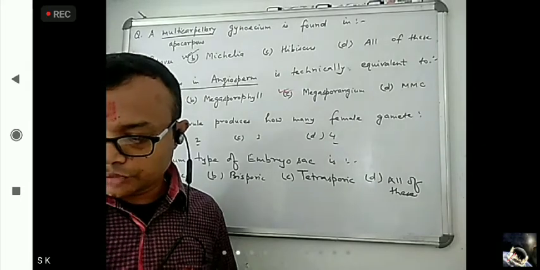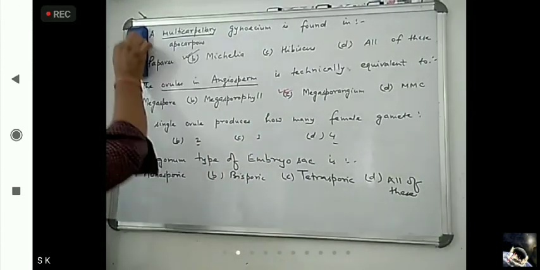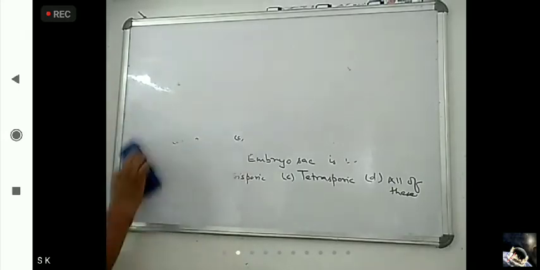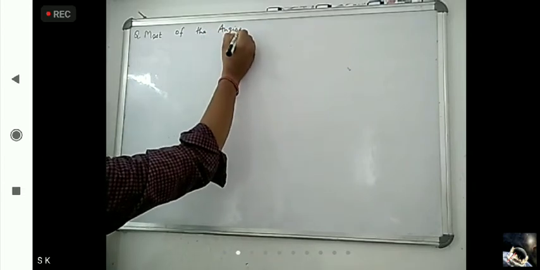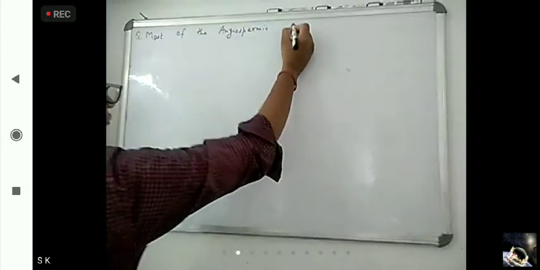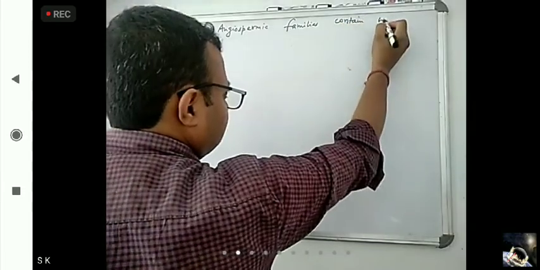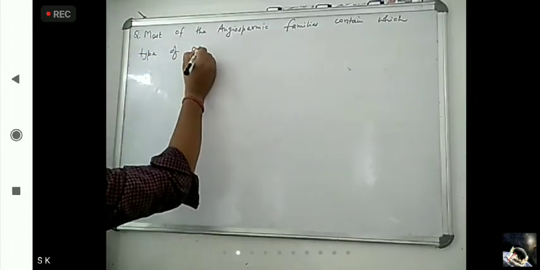Next question is, most of the angiospermic families contain which type of ovule?